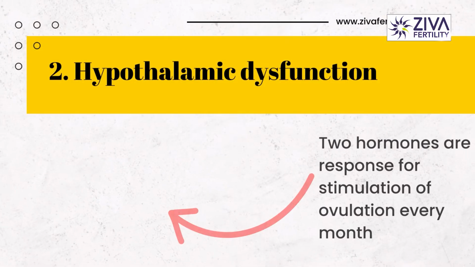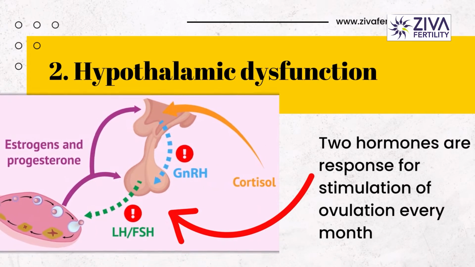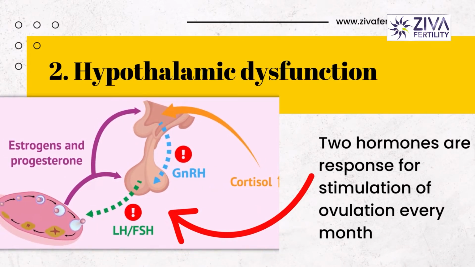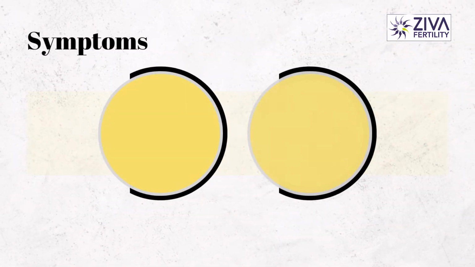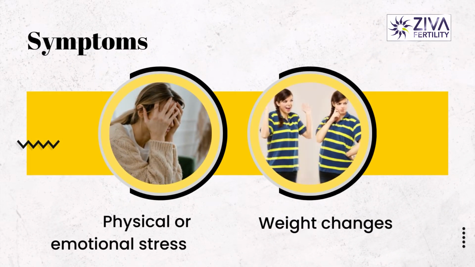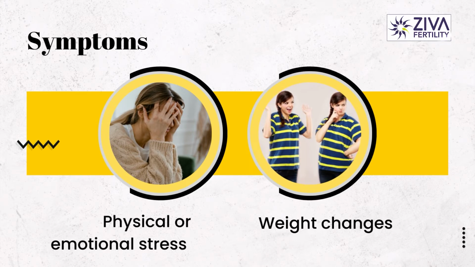Next is hypothalamus pituitary disorders or dysfunction. Two hormones produced by the pituitary gland are responsible for stimulating ovulation each month: follicle stimulating hormone and luteinizing hormone. Excess physical or emotional stress, a very high or very low body weight, or a recent substantial weight gain or weight loss can disrupt production of these hormones and affect ovulation.